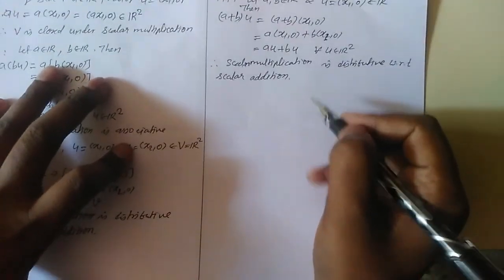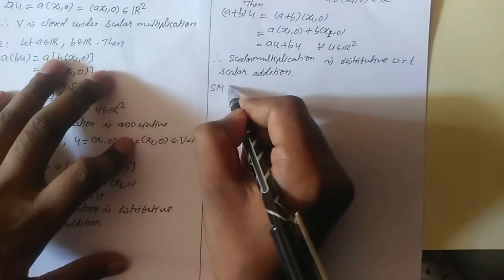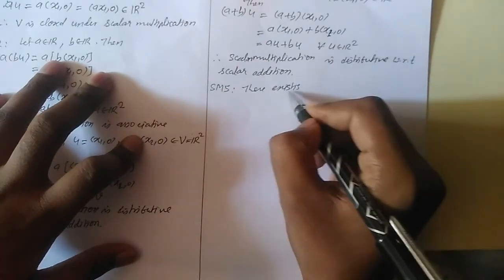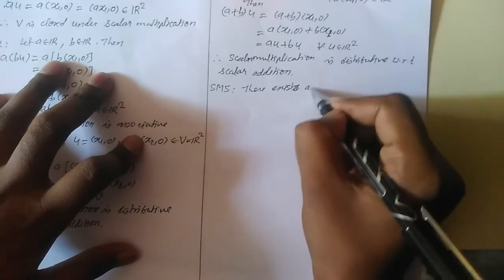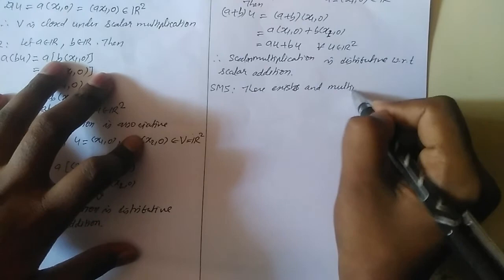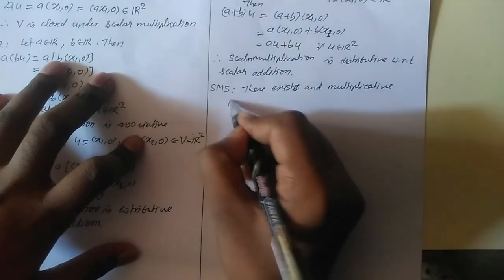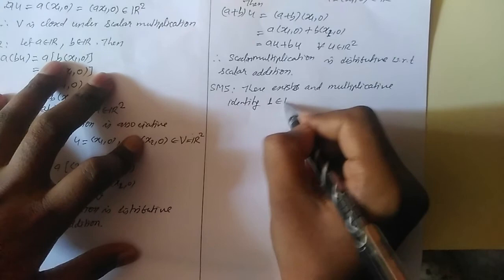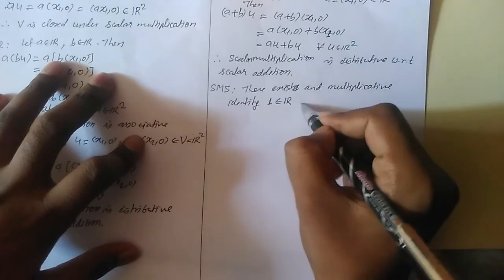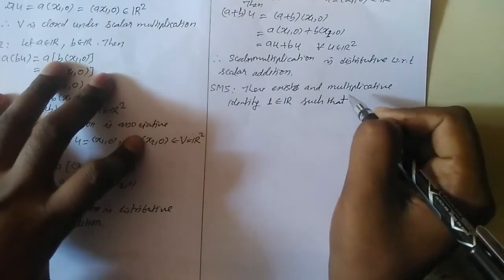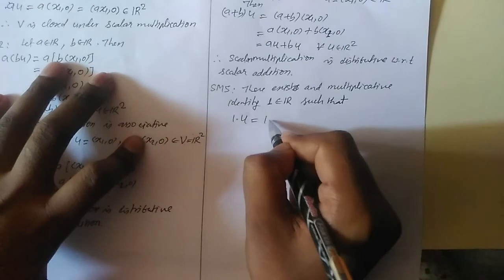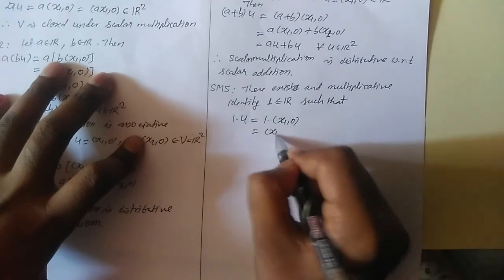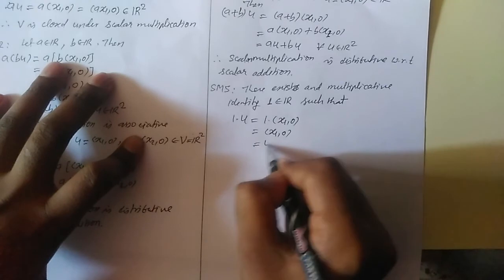Now the next and last axiom, SM5. There exists a multiplicative identity 1 in field R such that 1 dot u = 1 times (x1, 0), so this gives (x1, 0), which is u.